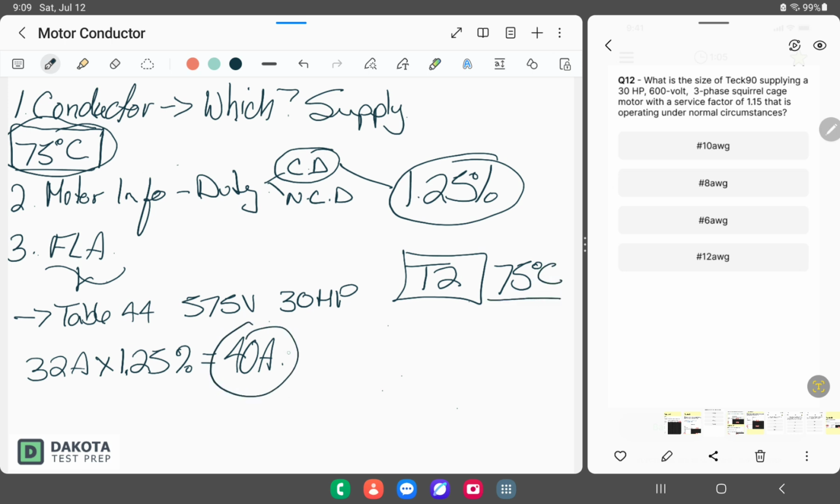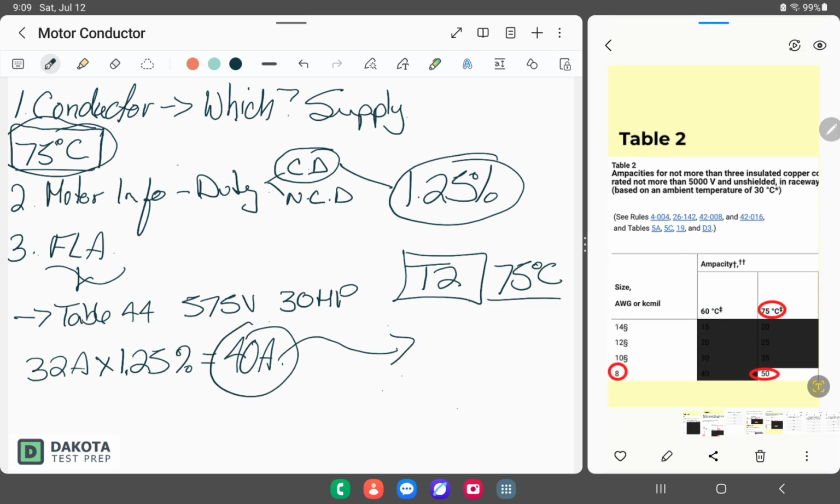We look up our 40 amps. There is no 40 amps, so we go up to the next largest ampacity, which is 50. We head over, and we get a number 8.